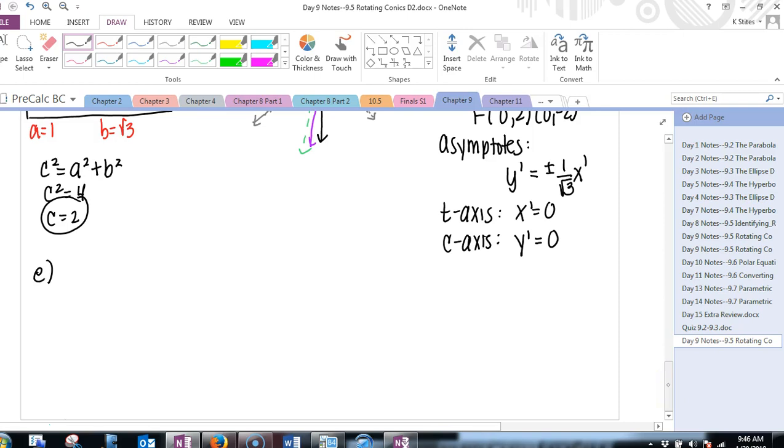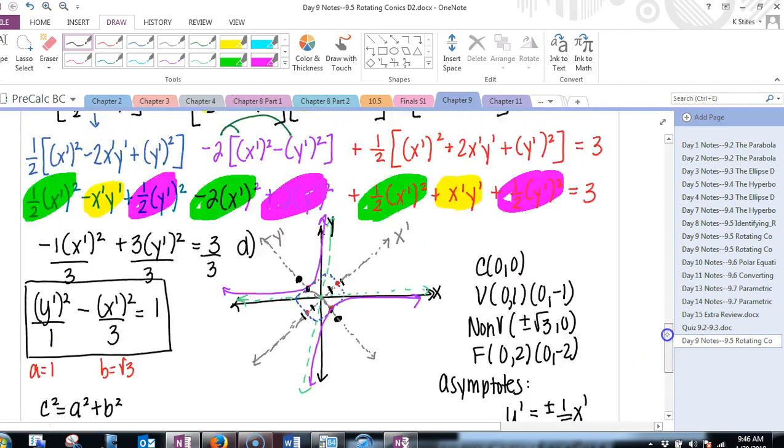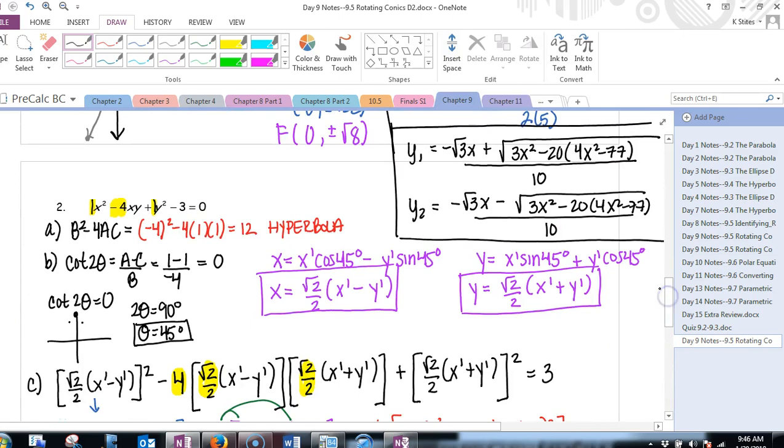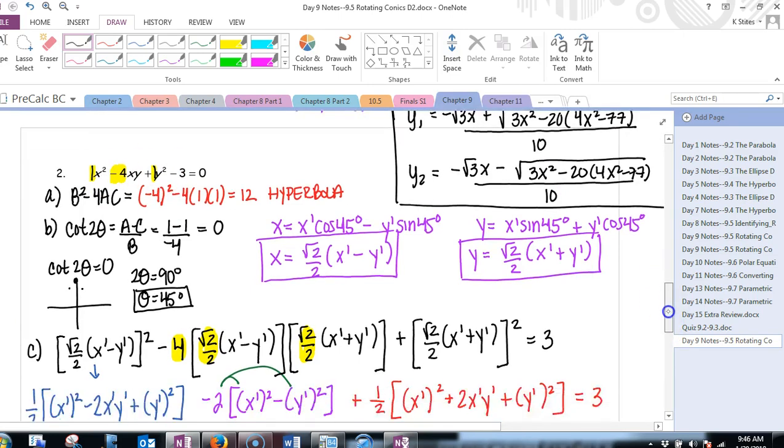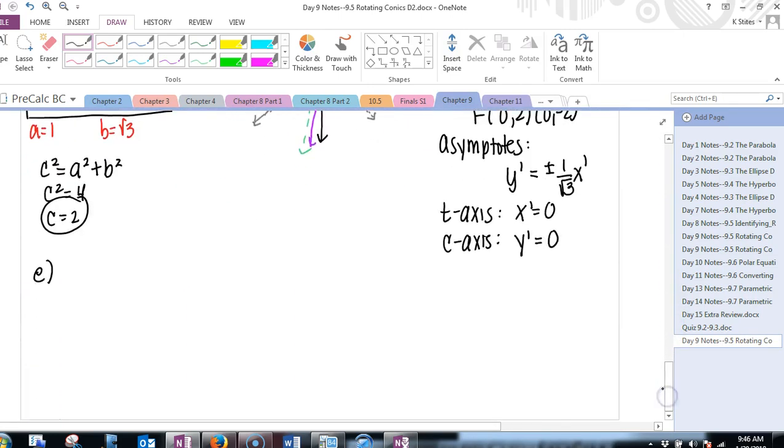So remember, you're going to reorder your original equation with y squared first. Really your y squared and x squared are just switching places. So that will be y squared minus 4xy plus x squared minus 3 equals 0. A will be 1, B will be negative 4x, C is this whole part, x squared minus 3.